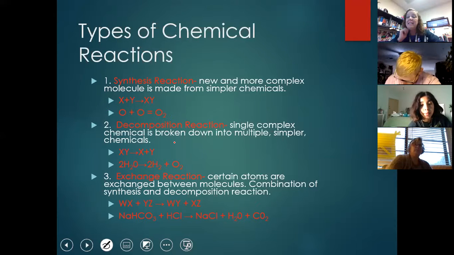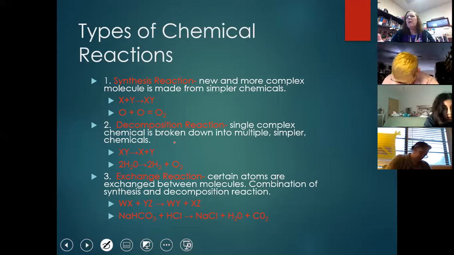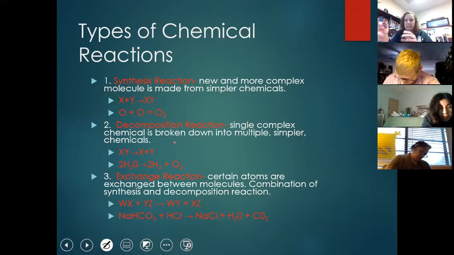So a synthesis reaction is going to be creating something new. Think about other words that use synthesis, like photosynthesis, the creation of plant energy. So synthesis, by definition, is where we are putting ingredients together, making something new.